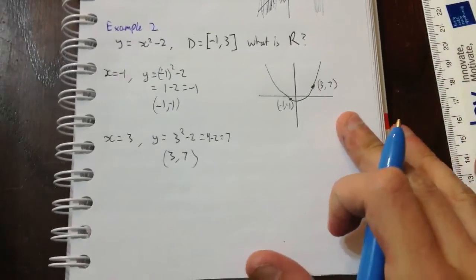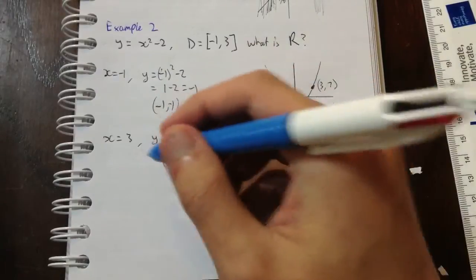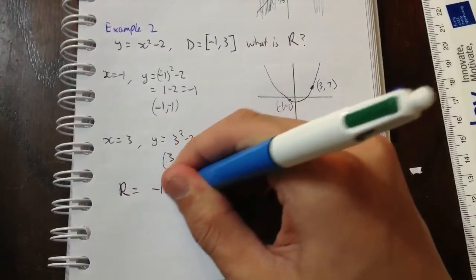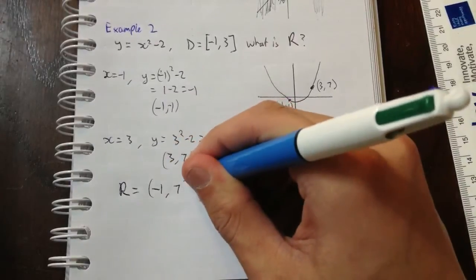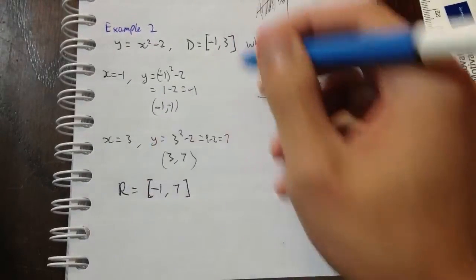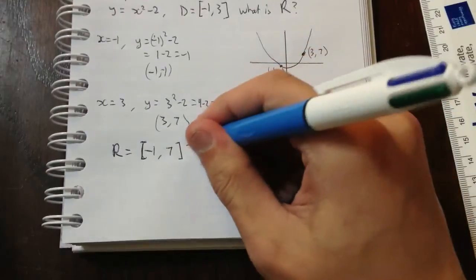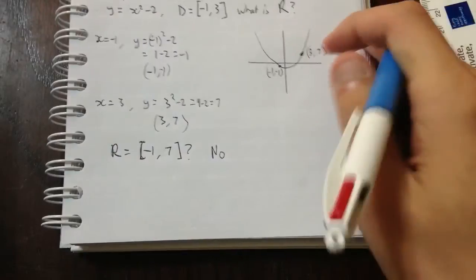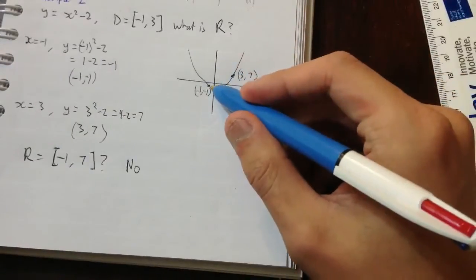So you might be tempted to say the range is -1 to 7. Minus 1 to 7? Question mark? We have to include it because our domain was included as well. No, because there's a lower point on this graph.